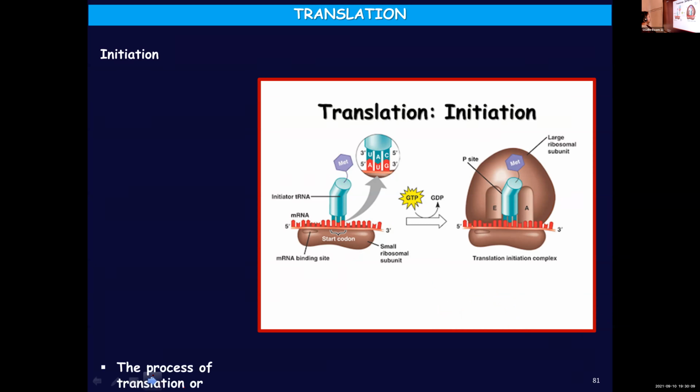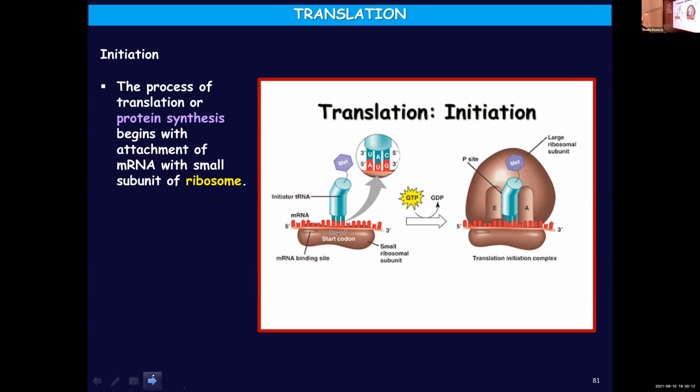Now for the process to begin, initiation. The process of translation or protein synthesis begins with the attachment of messenger RNA with the small subunit of the ribosome. So when the process is beginning, both the subunits are not together. To begin with, the messenger RNA will bind with the small subunit, and the ribosome will attach to the messenger RNA at the start codon.